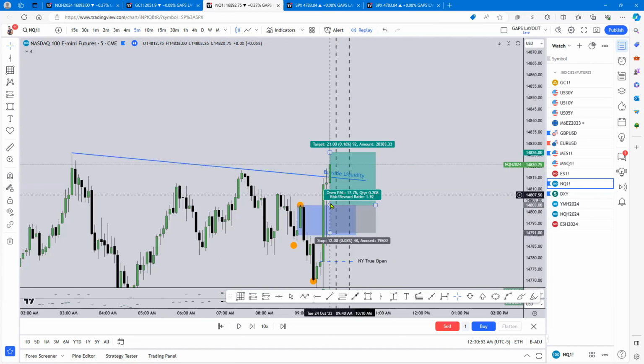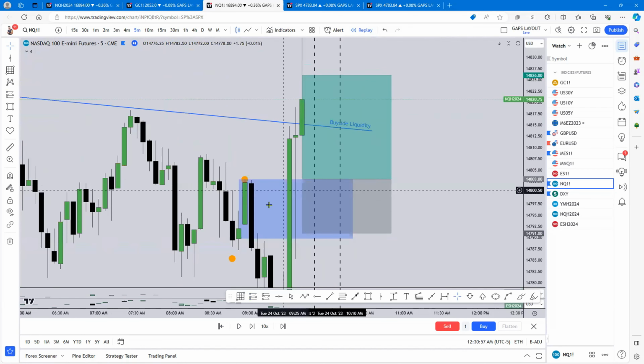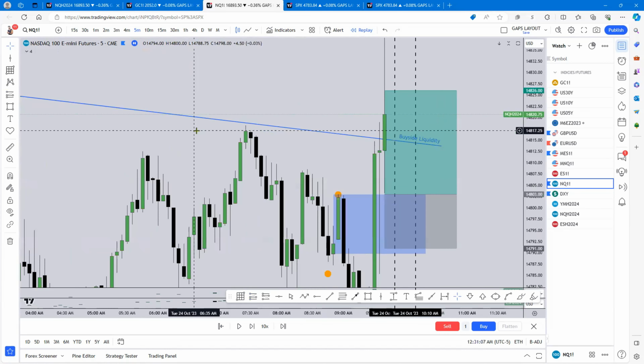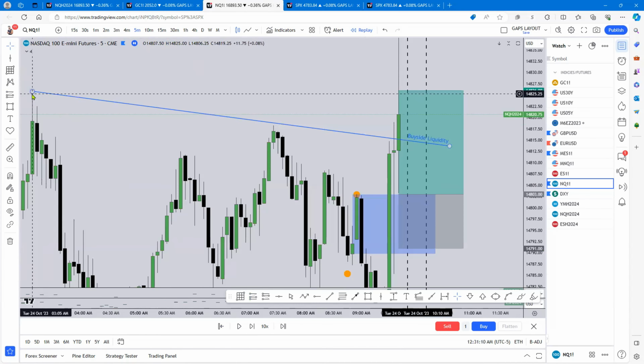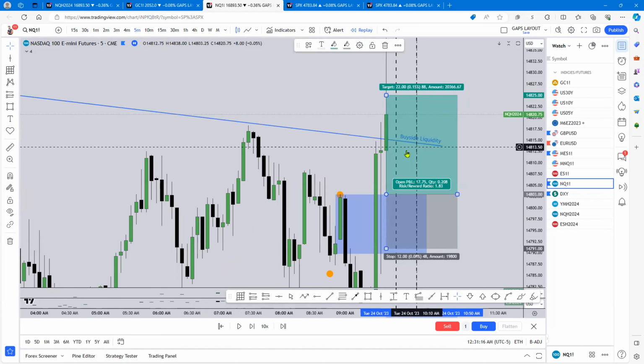So as this 5 minutes forming in the lower time frame, in the 1-minute time frame, we can be hunting in here for entries in here or in here, just at the top of this breaker, and then targeting this high and this high as our liquidity. So we'll target this high. Right, so a nice almost.